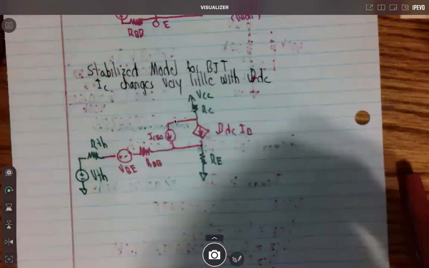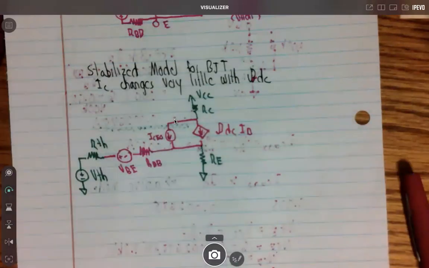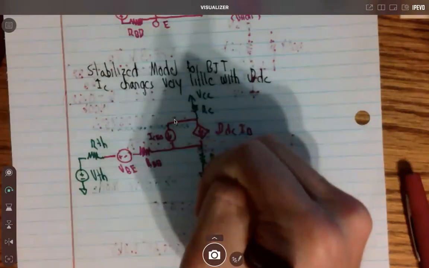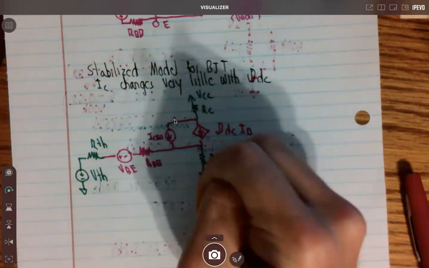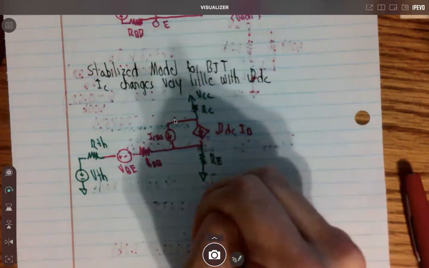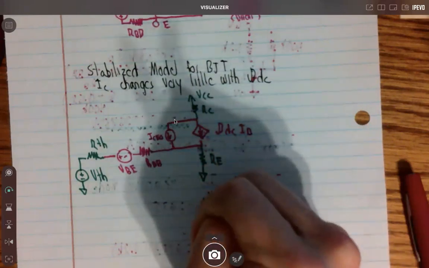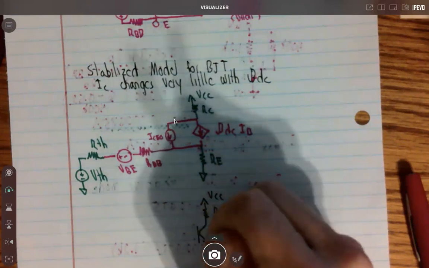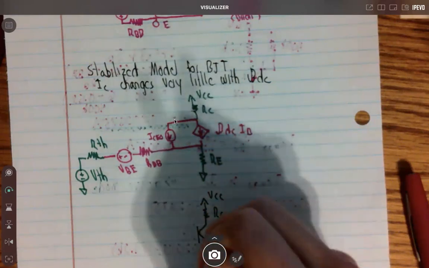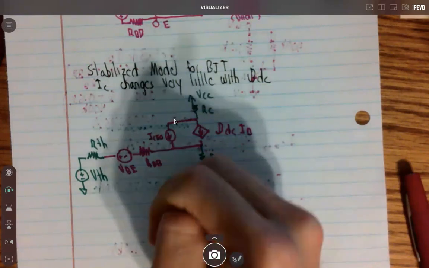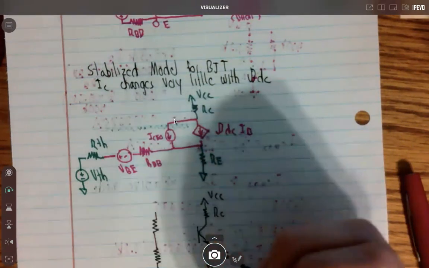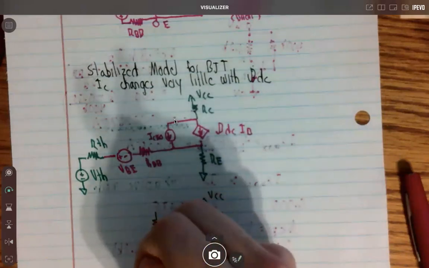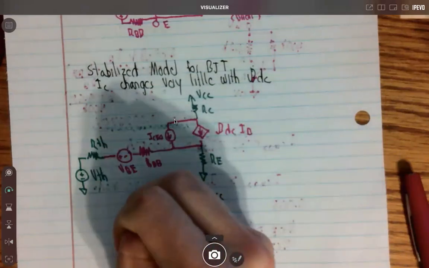So where are this R Thevenin and V Thevenin coming from? It comes from this other model where we have normally our transistor hooked up. So it looks something like this. RC, VCC. In this model, you're going to see this exact configuration, two resistors, so R1 and R2 over here.